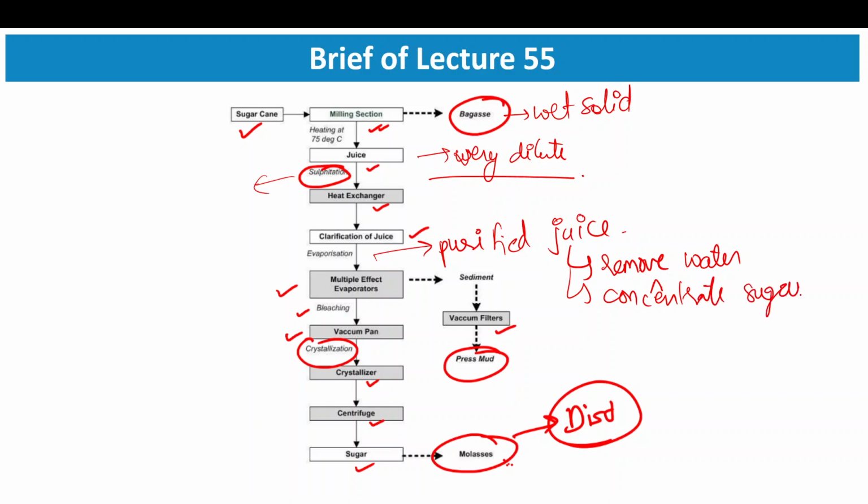So how can you do that? You can use multiple effect evaporators, and that will remove water, and you will have more and more concentrated sugar at the end.